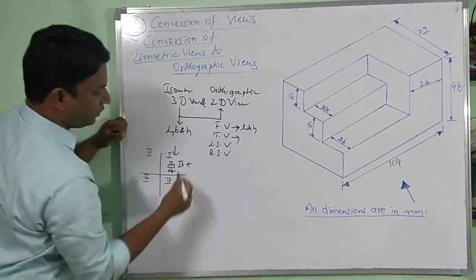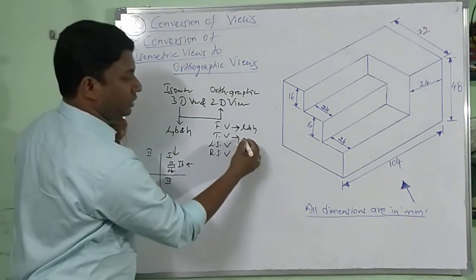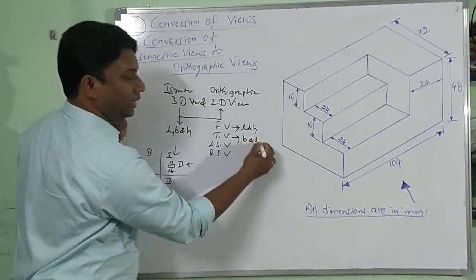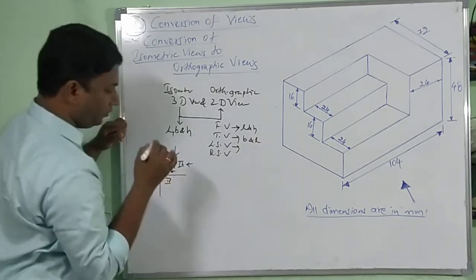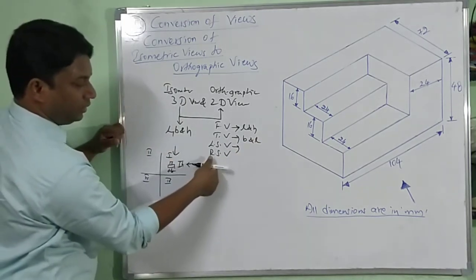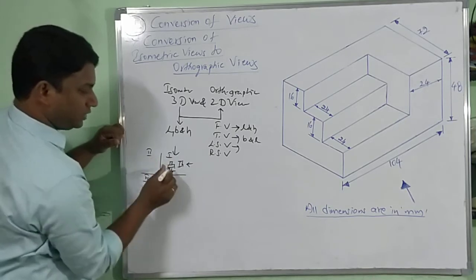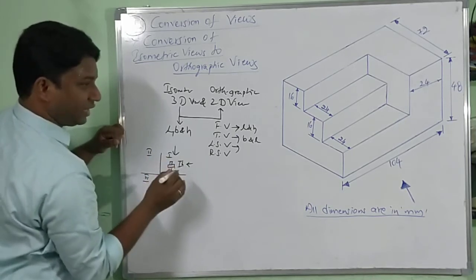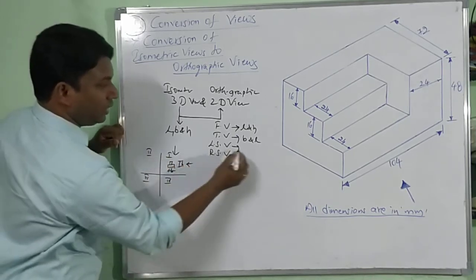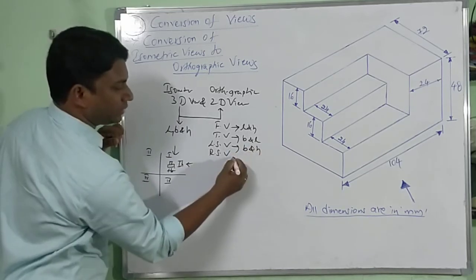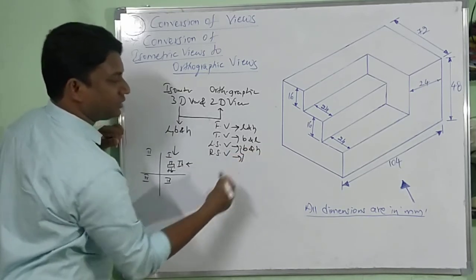Top view, when you are looking from here, will cover breadth and length. If you view from the side, from this particular point, it's called the left side view. When you are looking at the left side view, it covers breadth and height. Same for the right side view also.